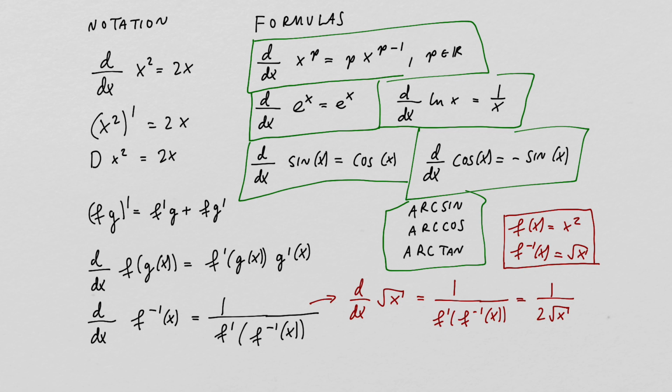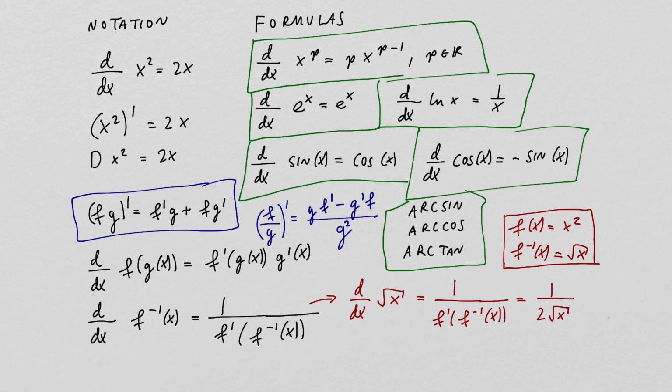Then there are also some general formulas by which we can calculate derivatives. One important one is the derivative of a product of two functions. Of course, we can use this one too.